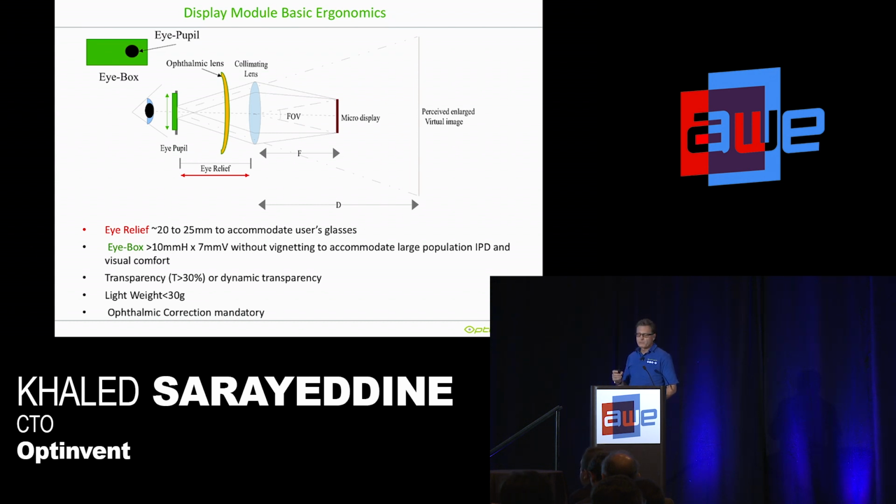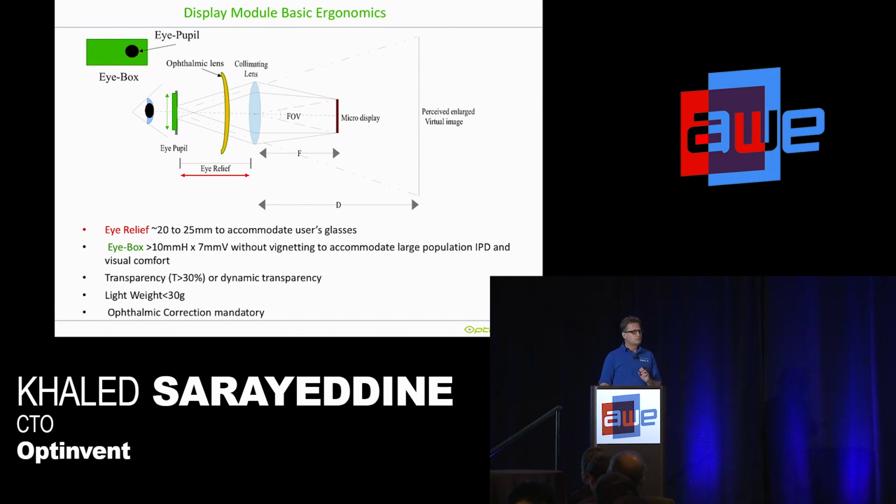So the main parameters for any near-to-eye display, you have two. The first one, what we call the eye relief, which is the distance between the last optics, it could be light guide or whatsoever, and the eye, the pupil. And the second is the eye box. So what is the eye box? It is the area where if you put your pupil, you could see the whole image.